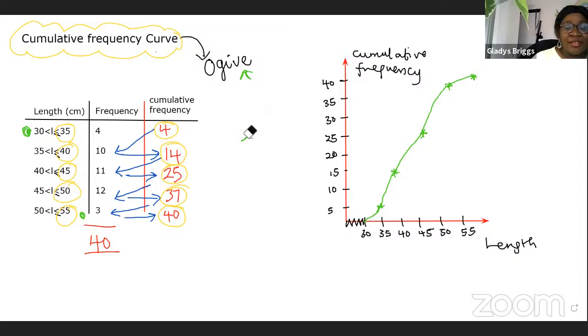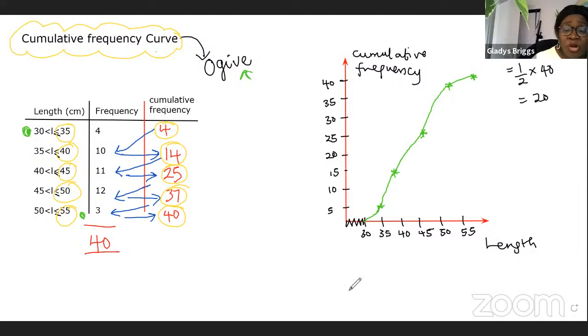Once you finish drawing that graph, then you need to bring in the information from your graph, okay? You need to bring in the median, which is half the data. The data is 40, the frequency. So the median would be half times 40, half of 40. So that would give you 20.